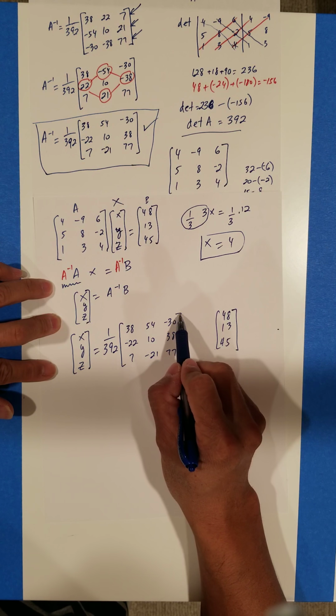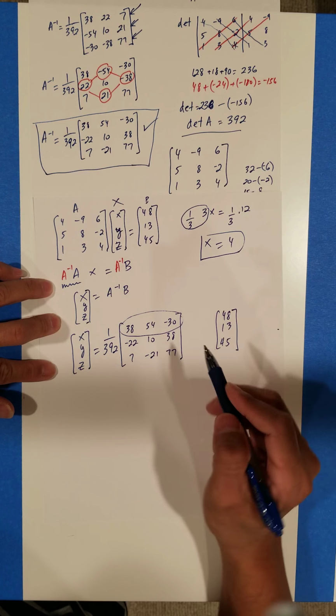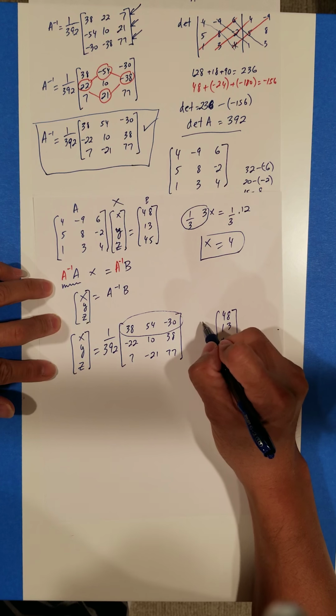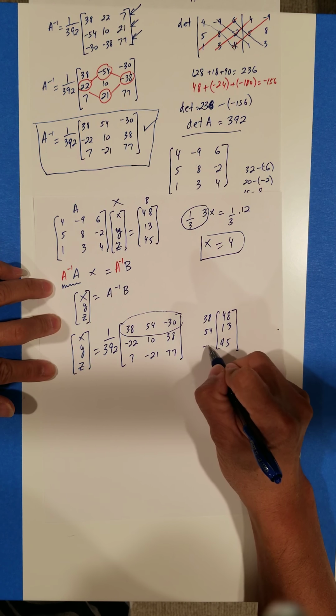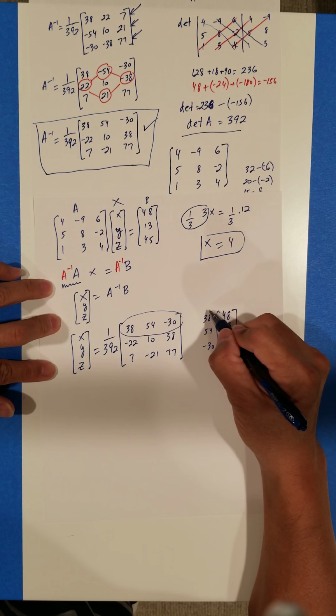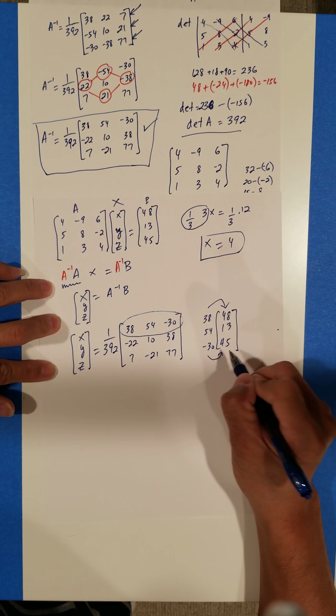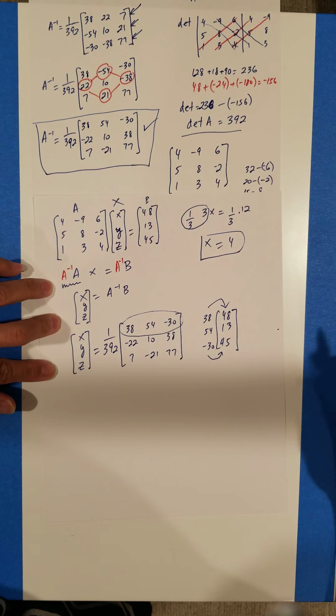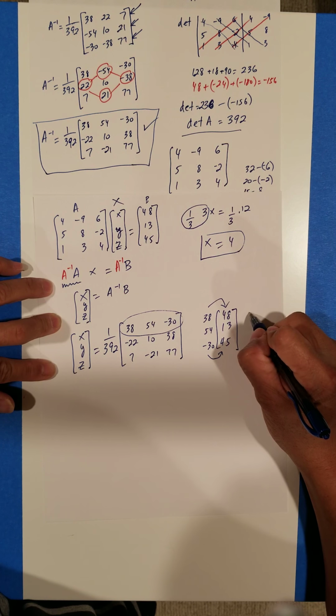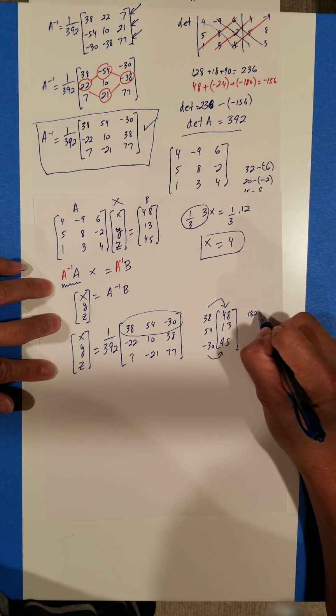If you remember how to multiply, take the first row, stand it up: 38, 54, negative 30. Now multiply these and add. I have 38 times 48, which gives me 1,824.